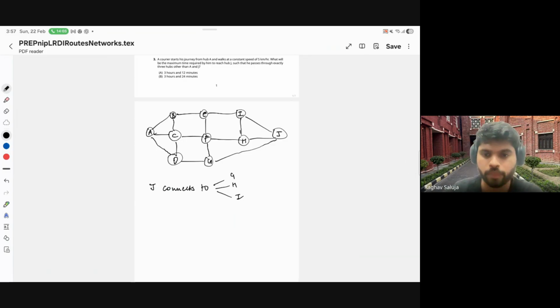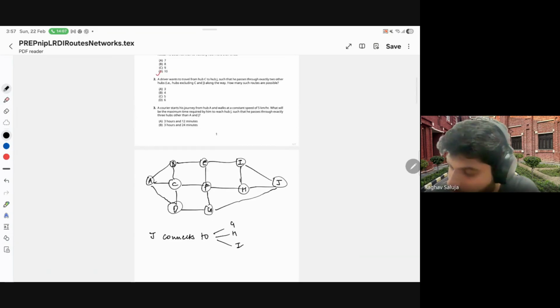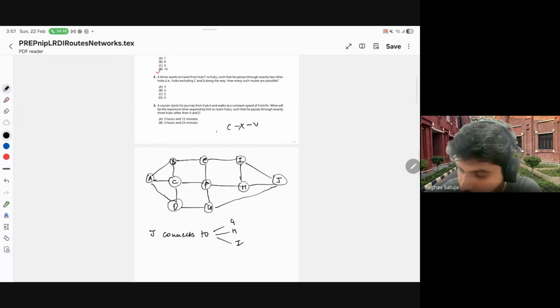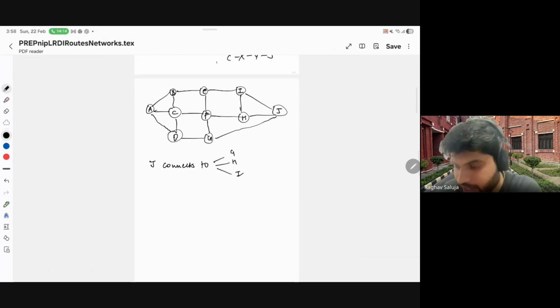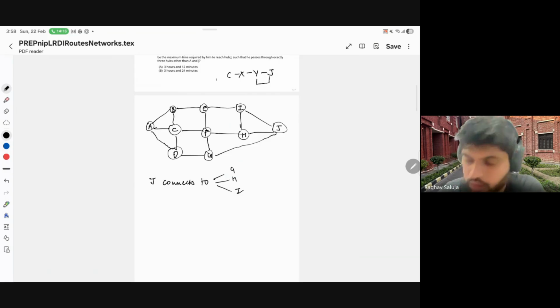Correct. Now, if my path is C, X, Y and J, तो इसका मतलब Y के immediately बाद J आएगा. And if Y के immediately बाद J आएगा, does that mean that Y has to be one among GHI?